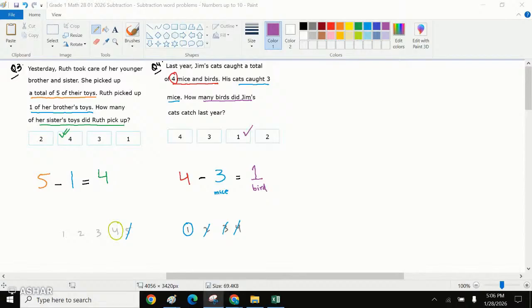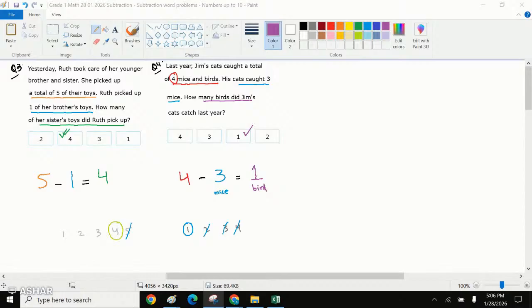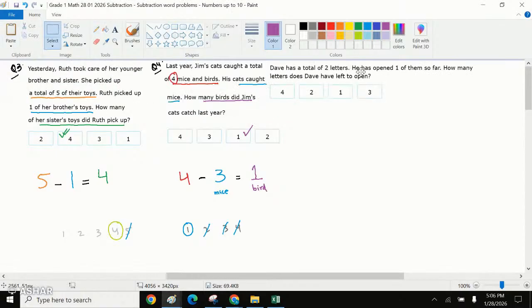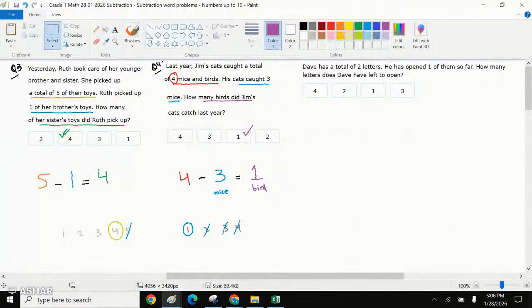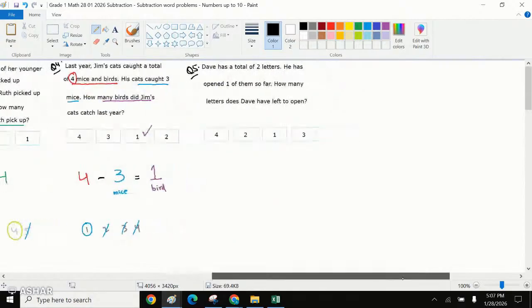Next one, it says Dave has a total of 2 letters and he opens up one of the letters. How many letters does he have left to open? Okay, this is our question number 5. Okay, let's move it ahead.